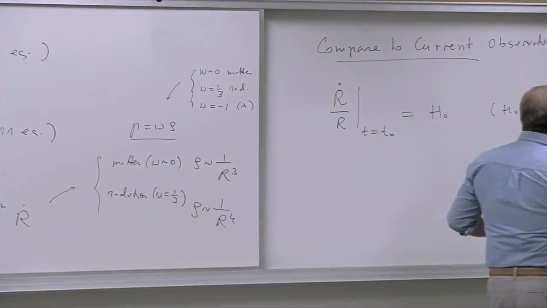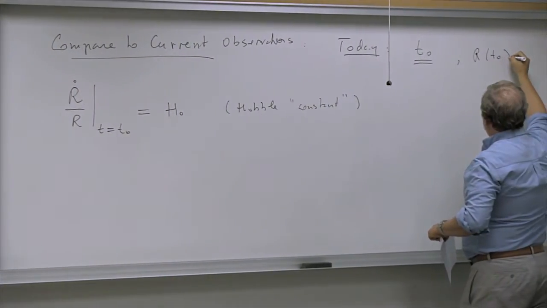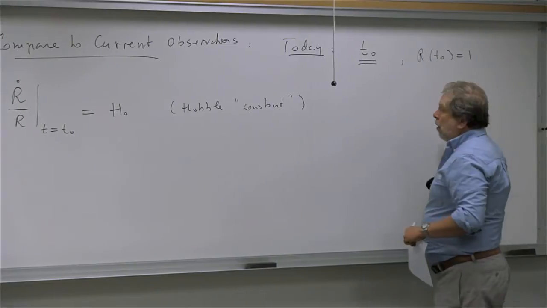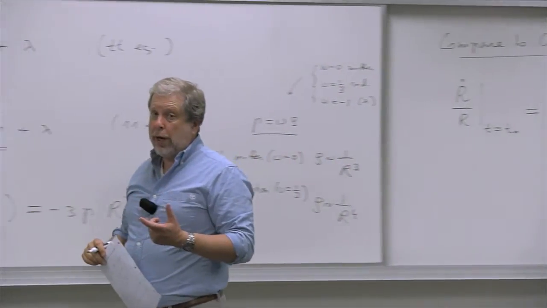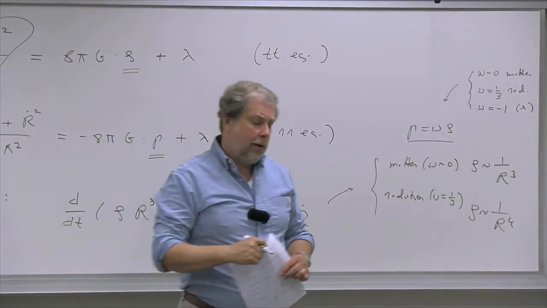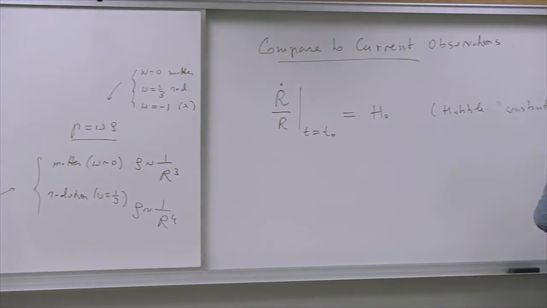And so the other thing that we usually do is we take r of t0 to be equal to 1. So we use the scale factor today as a kind of reference scale. Set that equal to 1 so that helps us out.